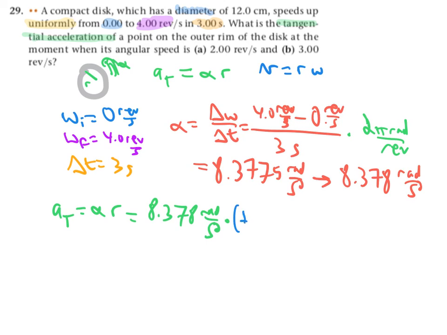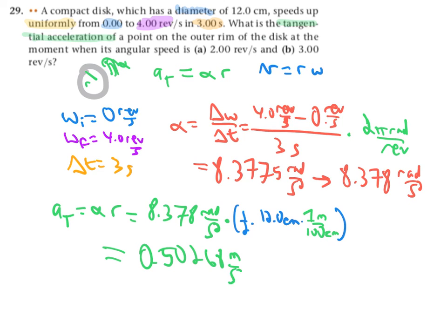So it's 1/2 of 12 centimeters, and I should convert that as well so that I end up in standard units. 1 meter is 100 centimeters, and then we can grind out that number: 0.50268 meters per second squared.